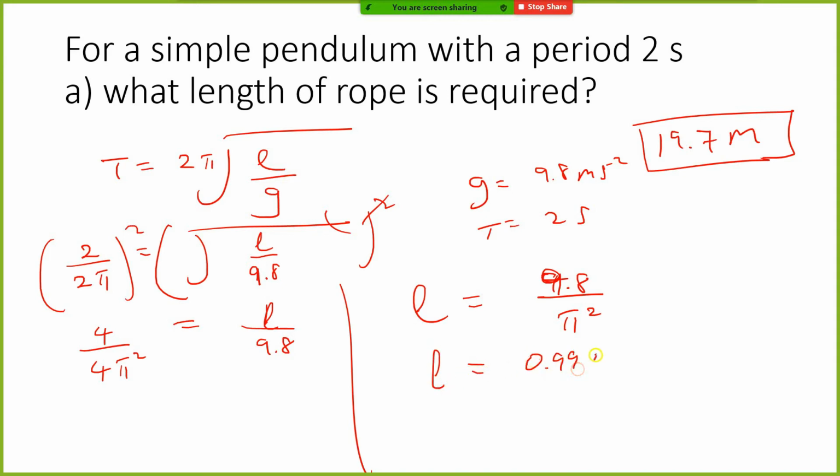Can you please repeat that, sir? The answer I'm getting is 0.99. For my answer, I got 9.7. You got 9.7. Okay. When I divided, we divide by pi squared.